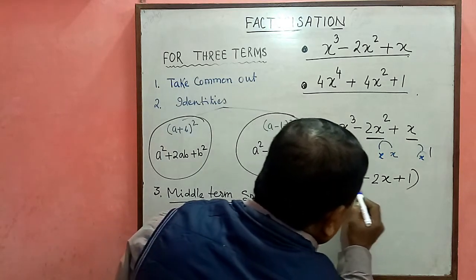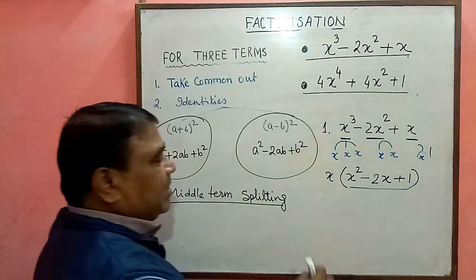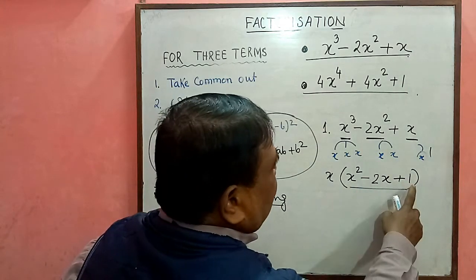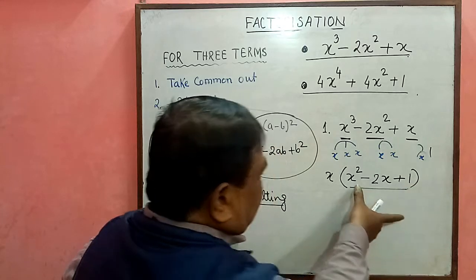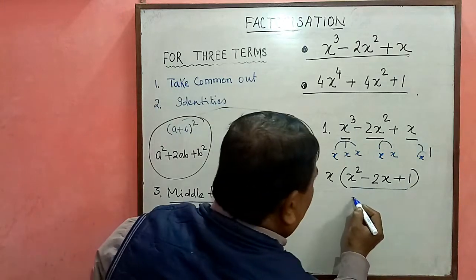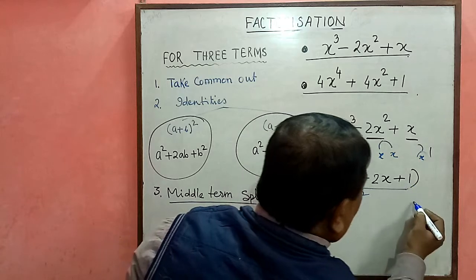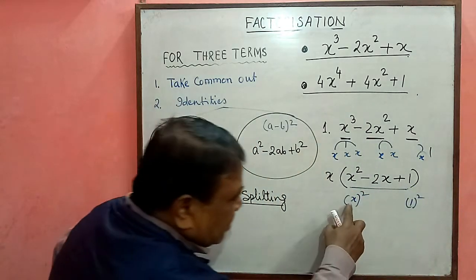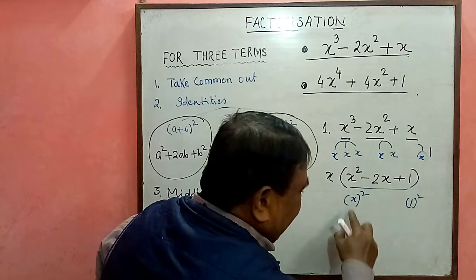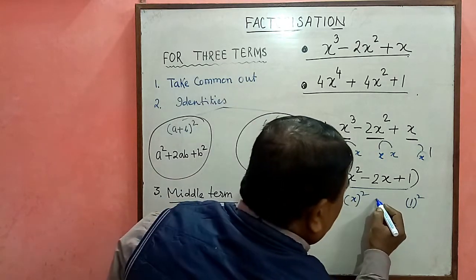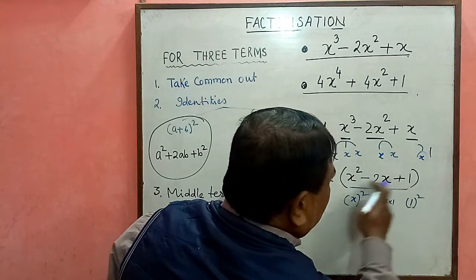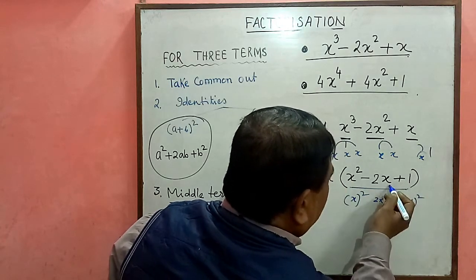Now here we have three terms, and see, this is a perfect square and this is also a perfect square. This is the square of x, and this is the square of 1. If I multiply these two, this is 2 into x into 1, which gives 2x.